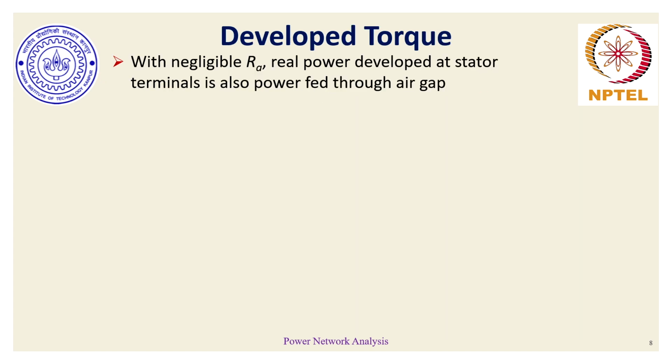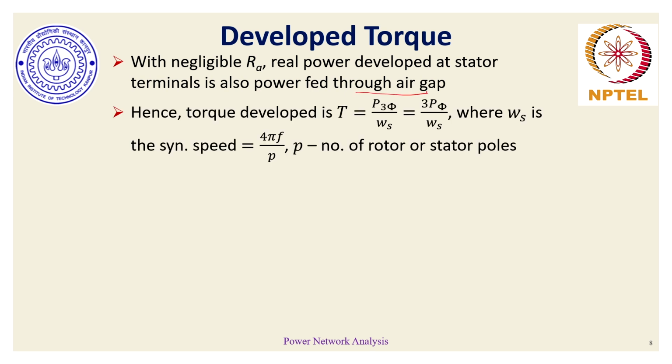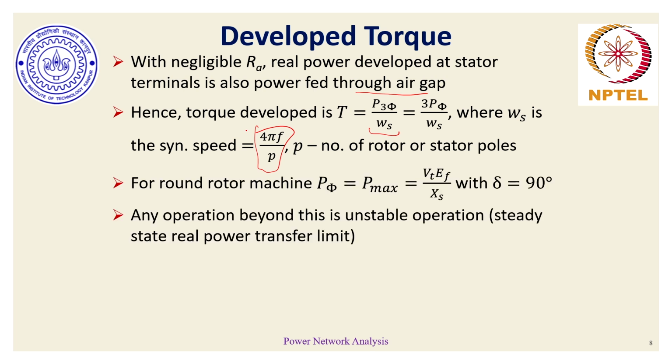So essentially, with negligible stator winding resistance, the real power delivered at the stator is also fed through the air gap. One can equivalently find the torque developed across the rotor, or the corresponding equivalent torque delivered by the prime mover in generating mode, which would be the three-phase total power divided by the synchronous speed, dependent on the number of poles and frequency of the machine.